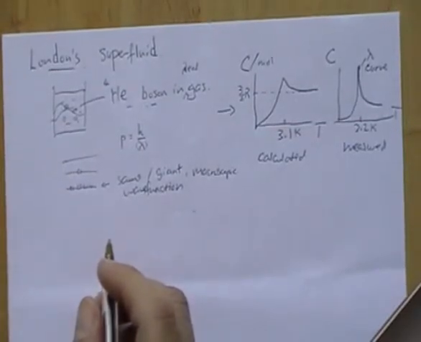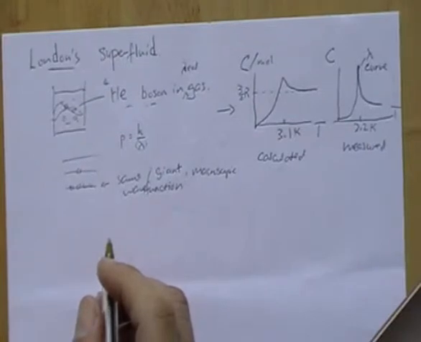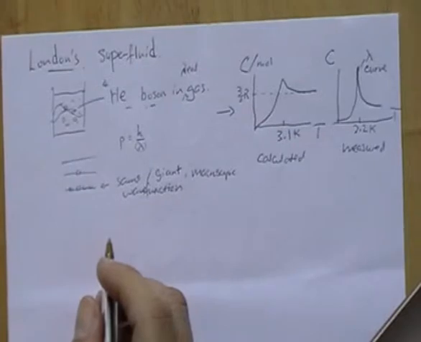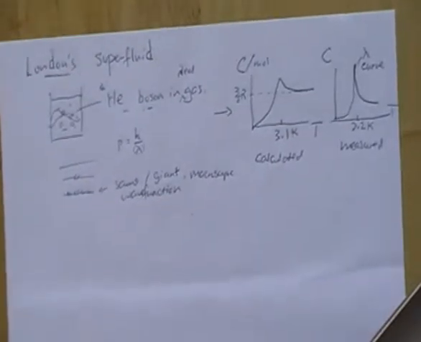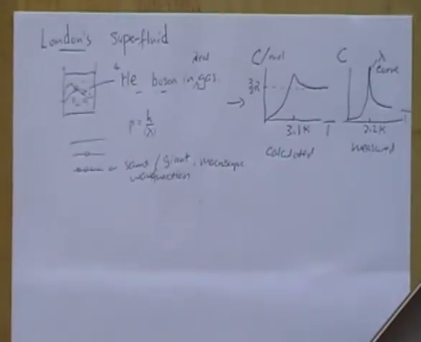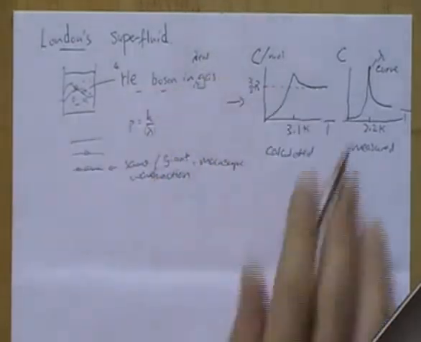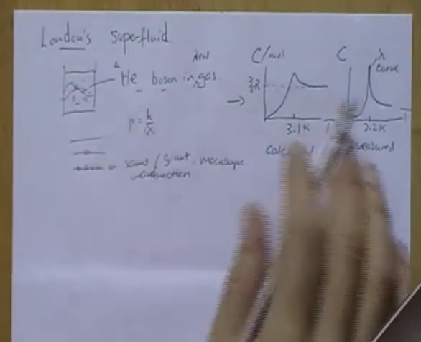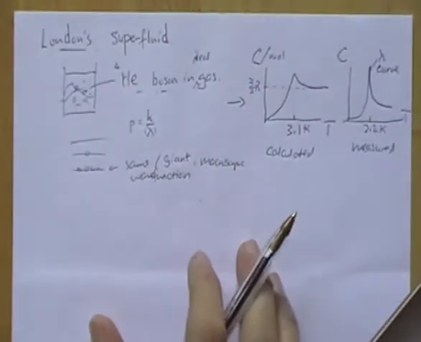And it turns out that it has actually been shown that it does demonstrate many of the properties that you would expect with this idea. So that's the background, or rather the overall idea.